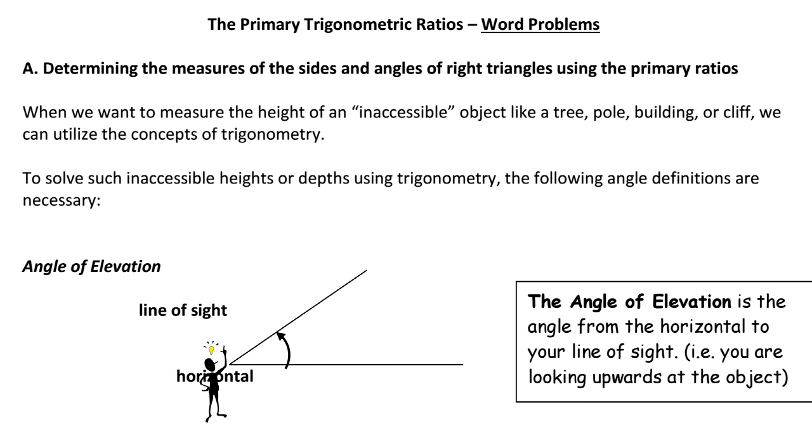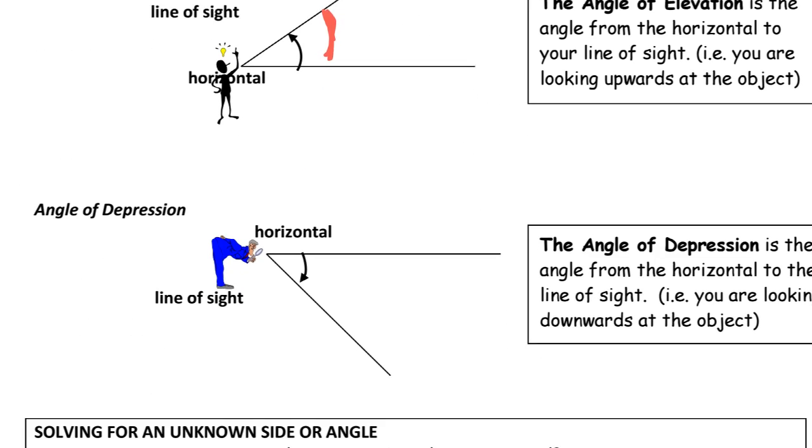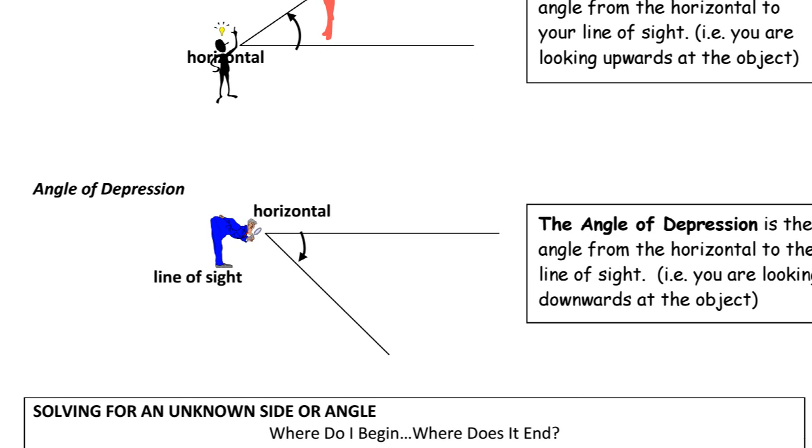Two of the things you're going to need to know here is angle of elevation. If you look at the person looking into the line of sight straight across the bottom, the angle of elevation is going to be inside that triangle. When we're looking at angle of depression, we're looking at this angle in here.